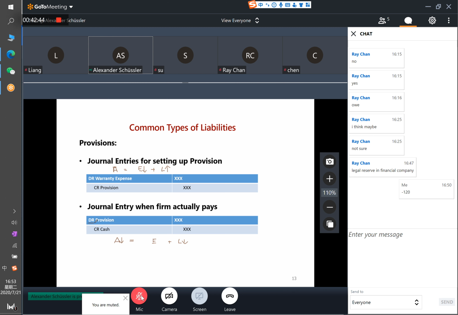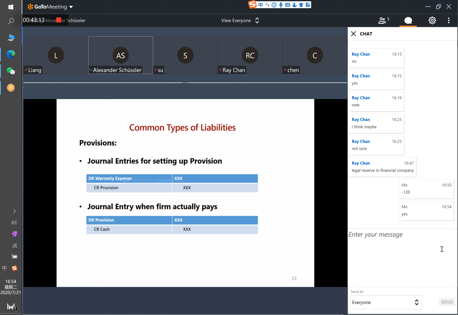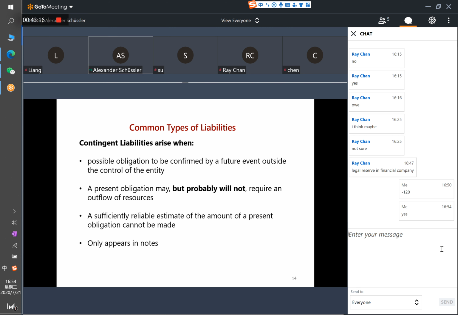You debit a liability, it goes down, and you credit an asset, it goes down. It makes sense because when you pay, cash has to go down. Does that make sense to everyone? Yes. Okay. Good job so far.